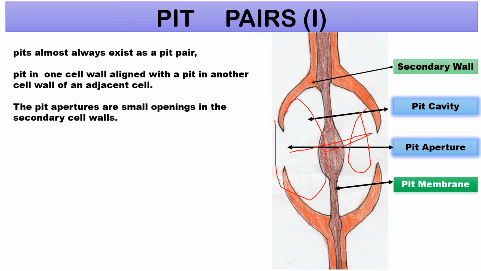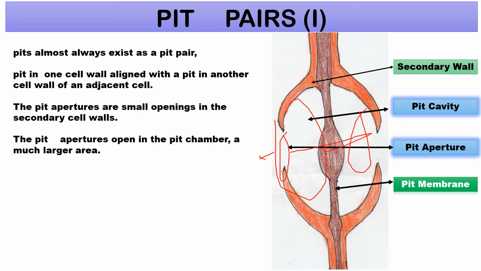The pit has three parts: pit aperture, pit cavity and pit membrane. Pit aperture is the small opening in the secondary cell wall which lies towards the cell lumen.